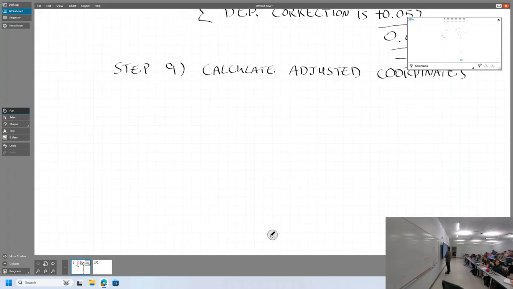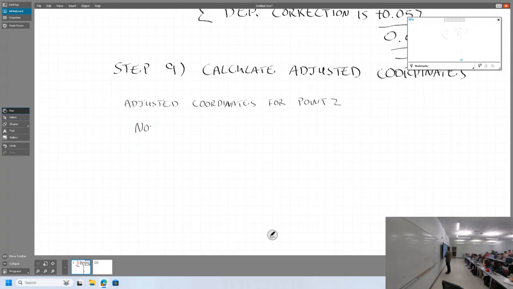So adjusted coordinates for point 2 is again northing.